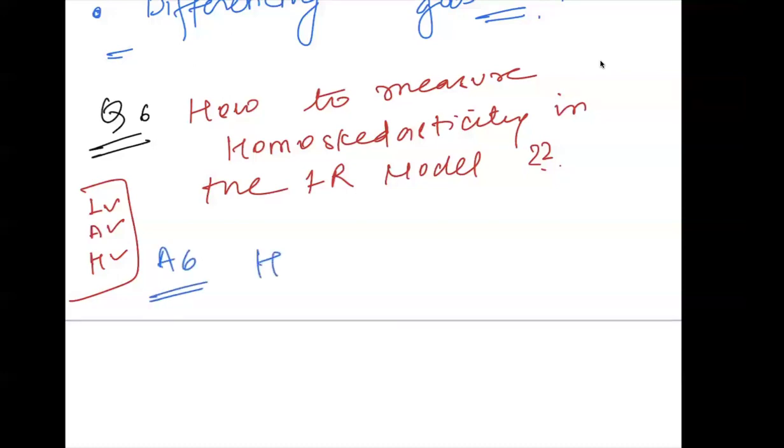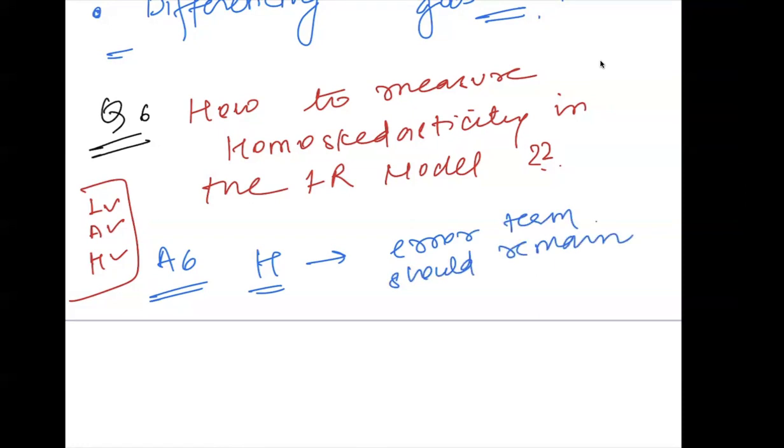So as you remember, homoscedasticity is nothing but your error term should remain constant across the values of independent variables, right?